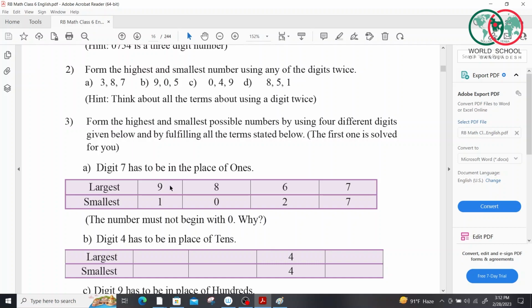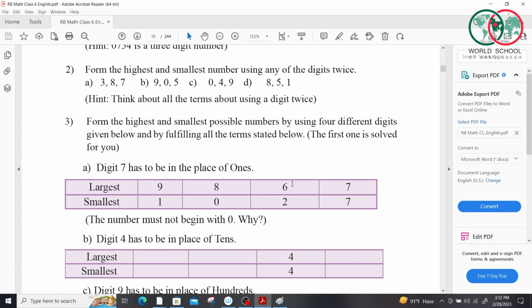And after 9, what is the largest digit? 8. So after 9 we write 8. Then after 8 the highest digit is 7, but as we have already written 7 in the 1's place, we write the next largest number, which is 6 here. So in case of the smallest, we will find the smallest number first.